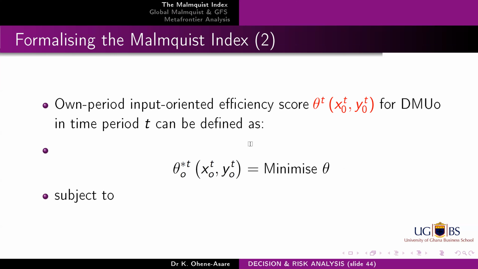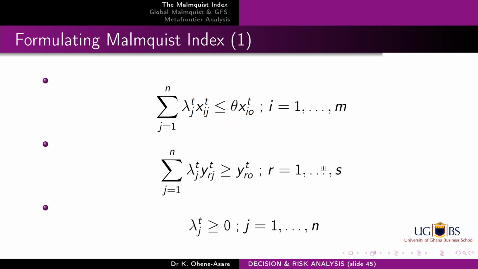How do you do that? This is how you write it. You write theta star of the input-output combination in that particular time period t, minimize. So this is the score you're going to get. This score results from minimizing theta, subject to all these constraints. However, the most important thing is that you can see that each one of them has got what?